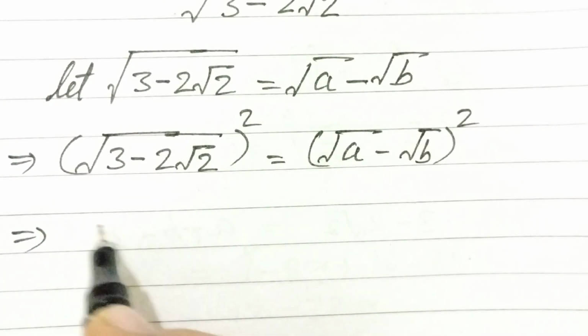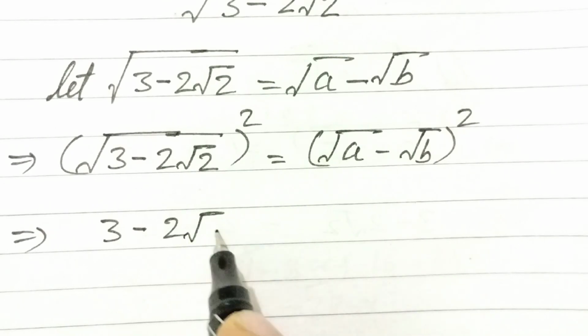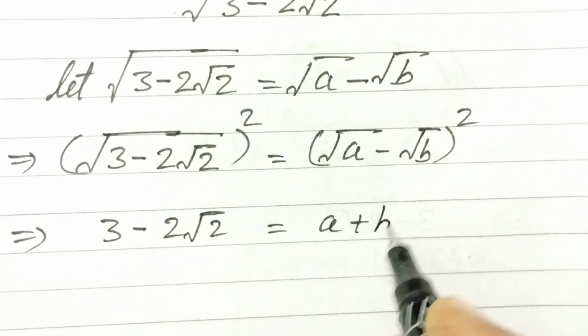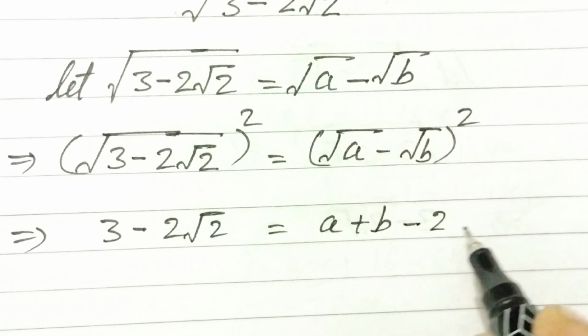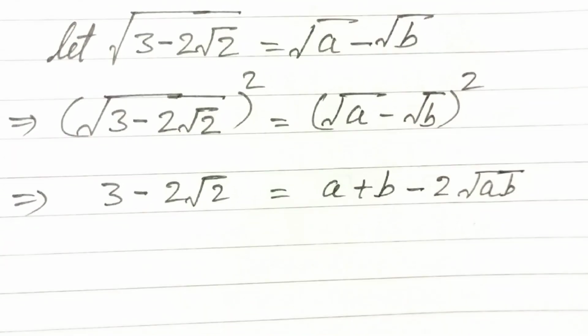Now we have 3 minus 2 square root of 2 is equal to a plus b minus 2 square root of ab. Fine.